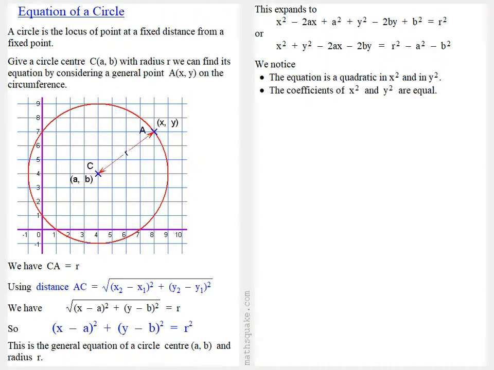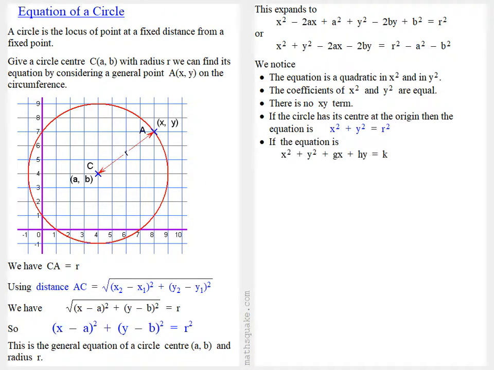The coefficients of x squared and y squared are equal. There is no xy term. If the circle has its centre at the origin, then the equation is x squared plus y squared equals r squared. If the equation is x squared plus y squared plus gx plus hy equals k, then the centre is at (minus g over 2, minus h over 2).